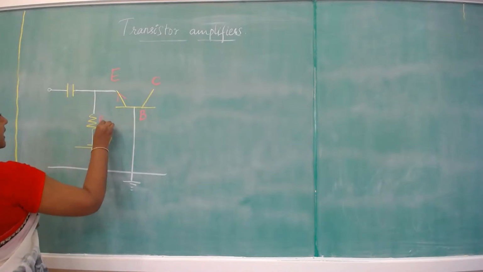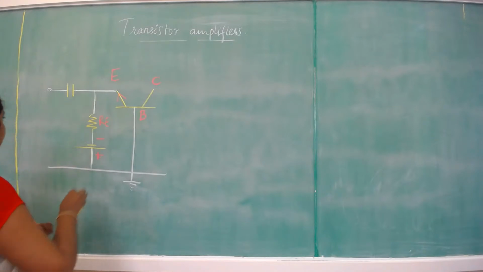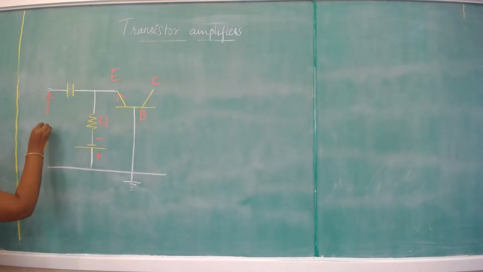This is RE because it is connected to the emitter terminal. The input, the in.